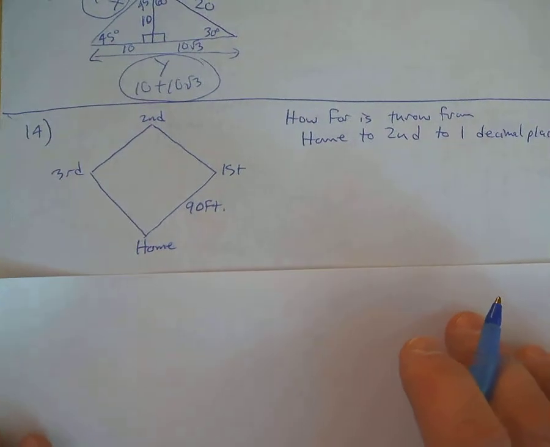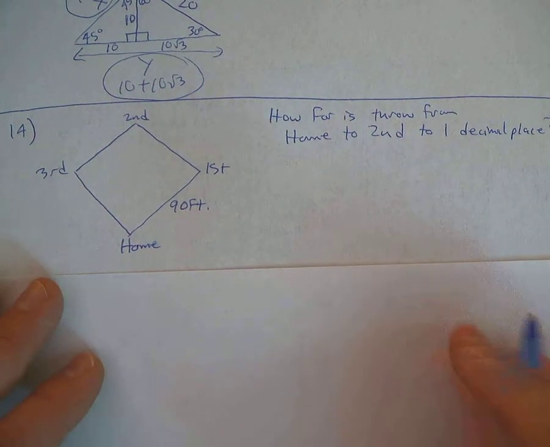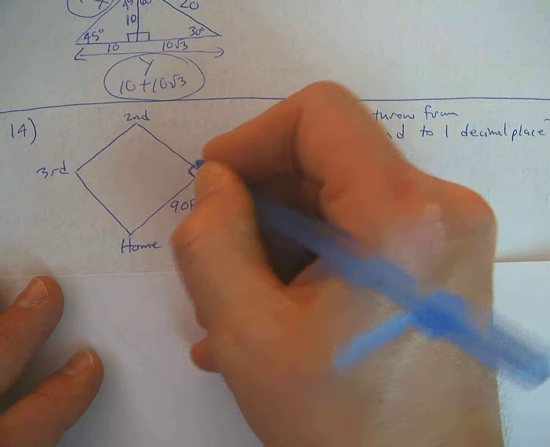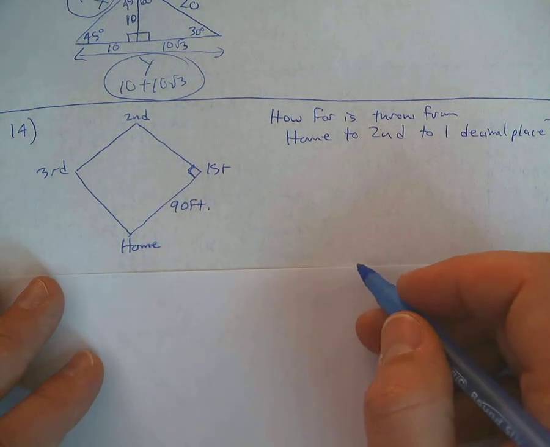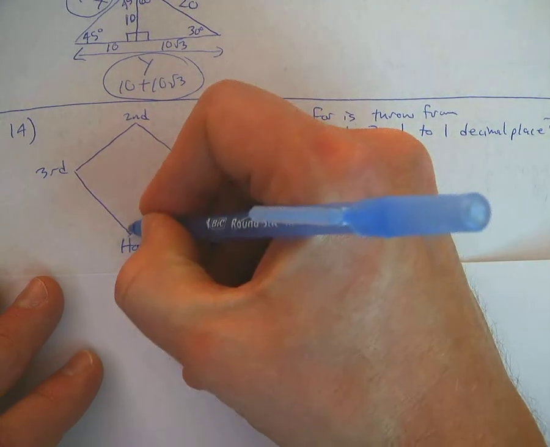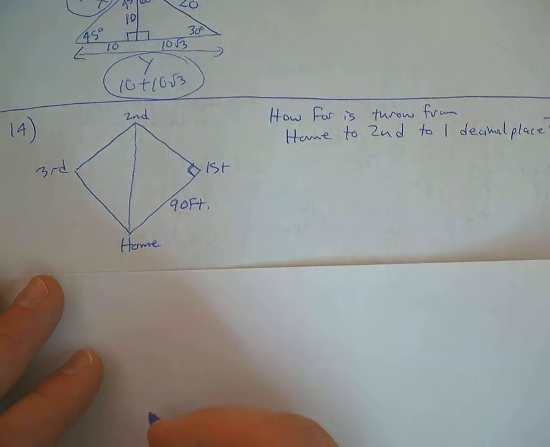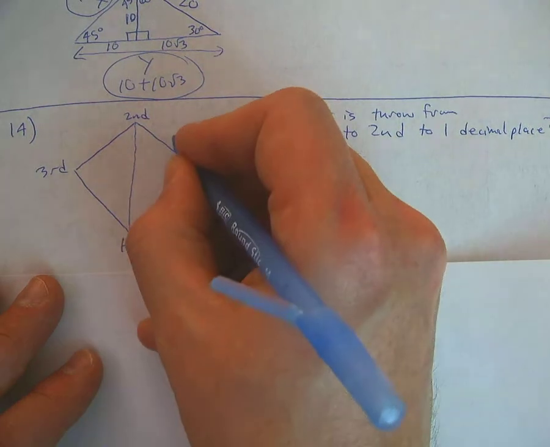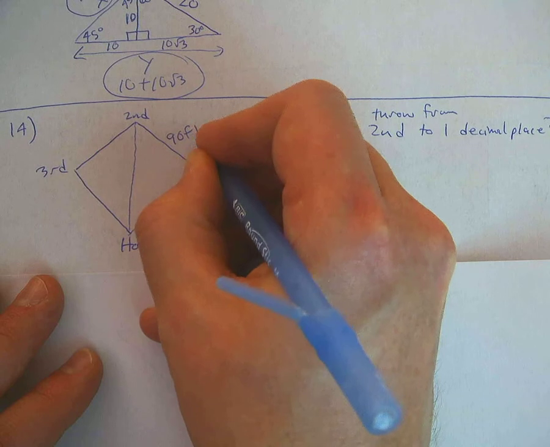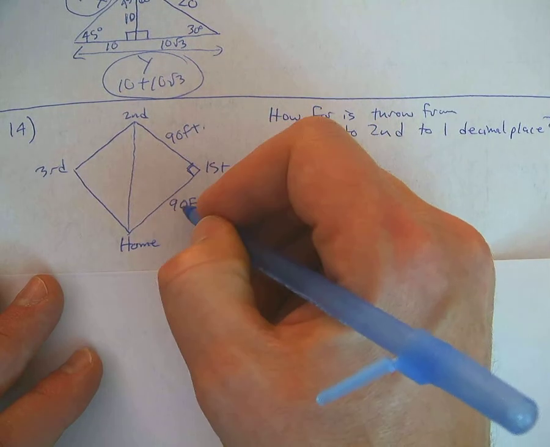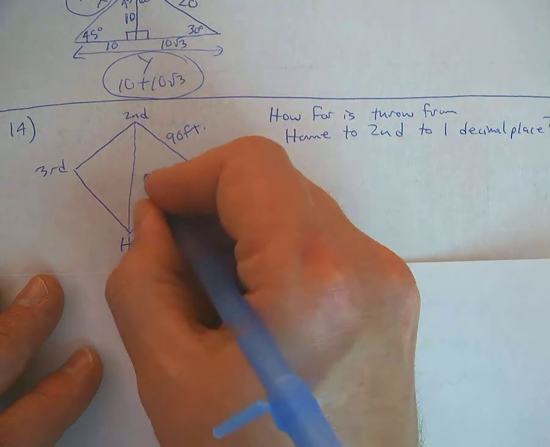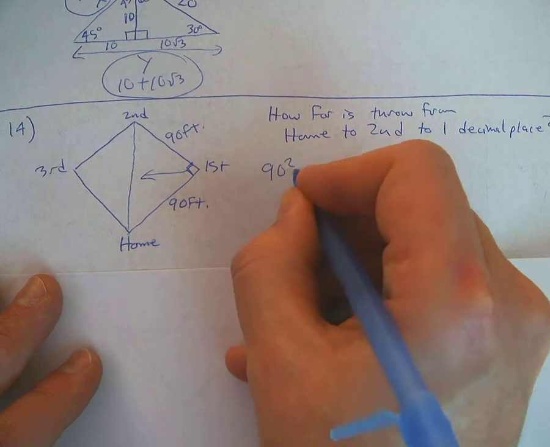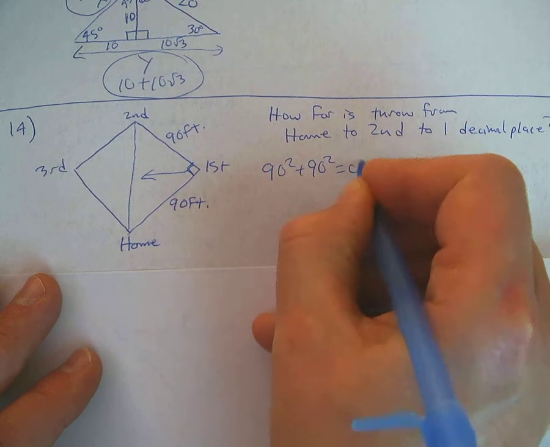We have a baseball field here, and these are right angles, correct? And we're going to throw from home to second base, right across here. We want to know how long that is. Well, a baseball diamond is actually a square, so this is 90 feet, this is 90 feet. So I use Pythagorean theorem, 90 squared plus 90 squared equals c squared.